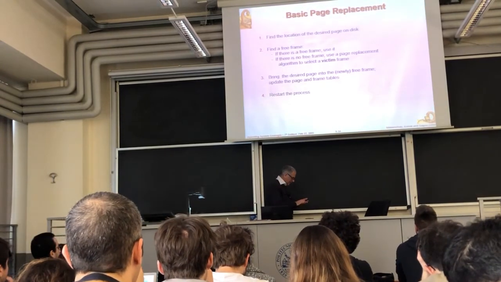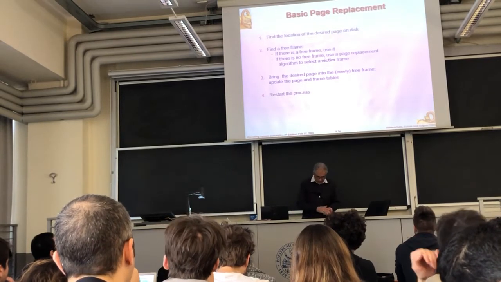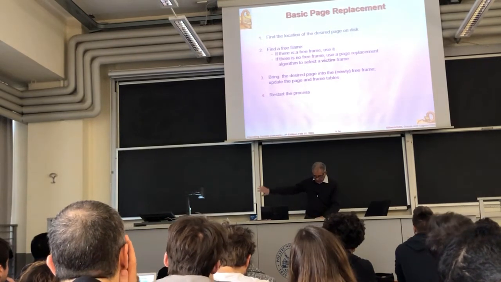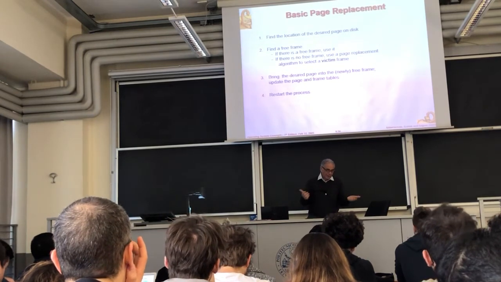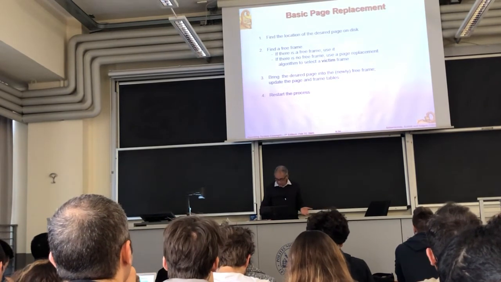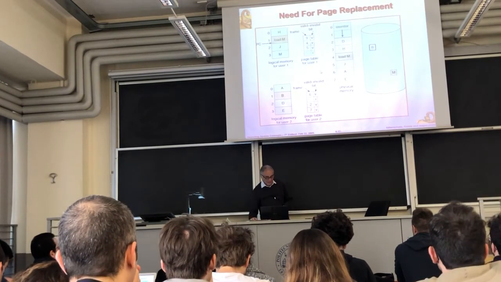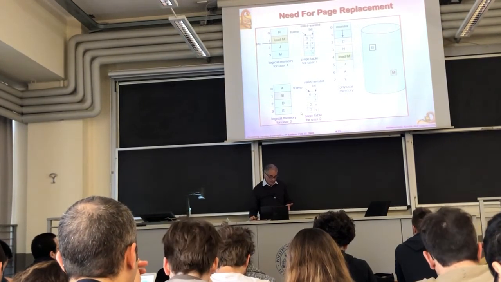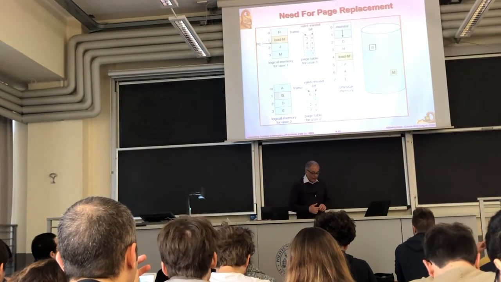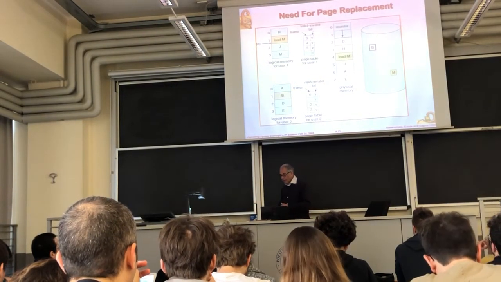Of course, the process that generates the page fault goes into the blocked state, and another process may run; in this case, process 1 is blocked and process 2 may continue.